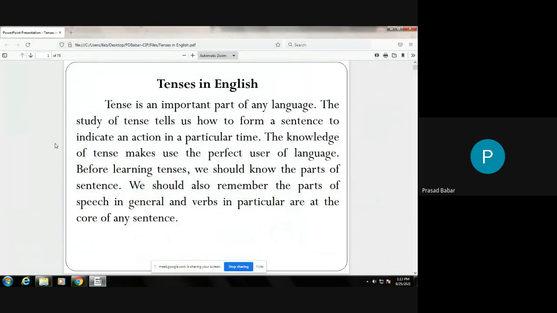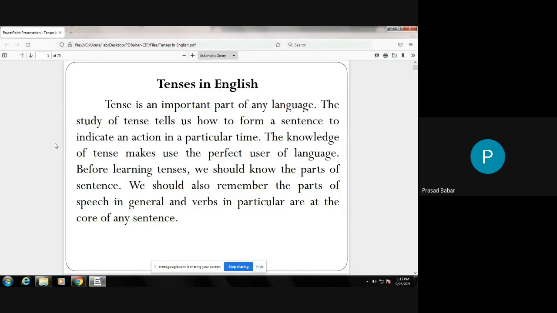Then see, the knowledge of tense makes us the perfect user of language. Read that use as us. It is a spelling mistake. So the knowledge of tense makes us the perfect user of language.